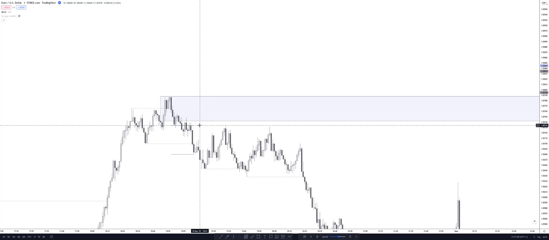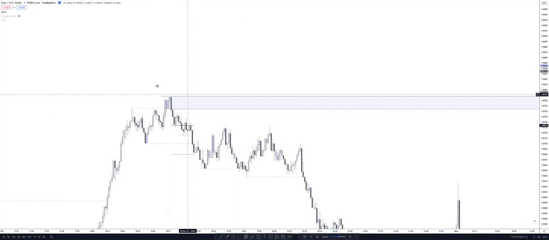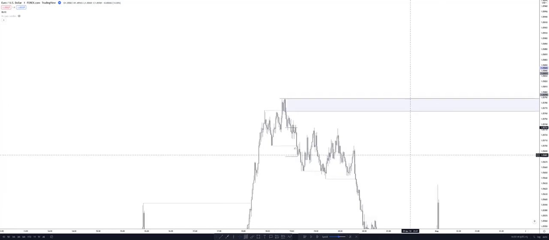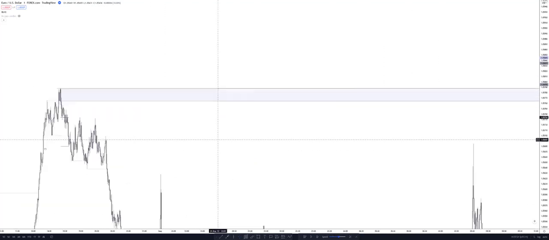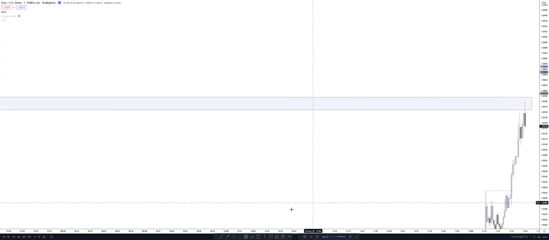I mean, it's just tapped the EQ, but potentially this could be an unmitigated premium, because it's only just tapped the EQ there. So it has something going for it. And an extreme is always good regardless, especially if it's within a 15-minute zone. So yeah, some potential to take a trade there if we get a reaction.